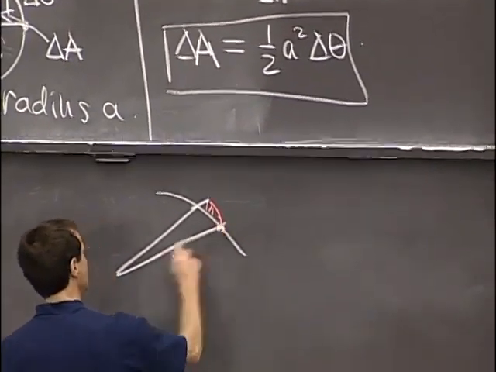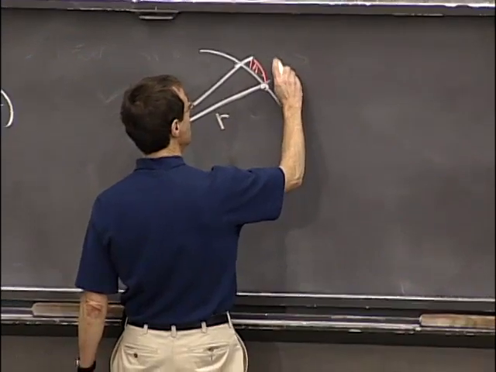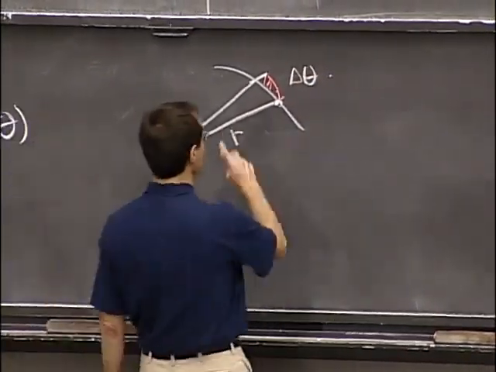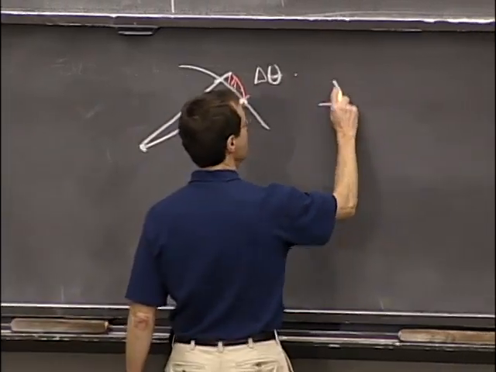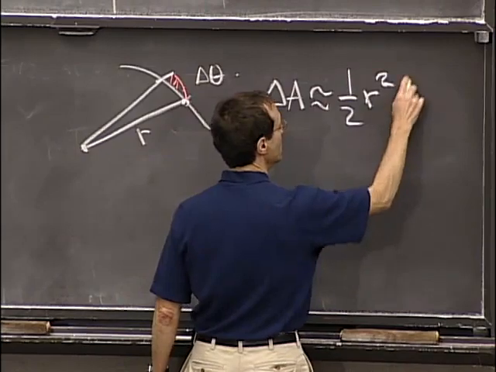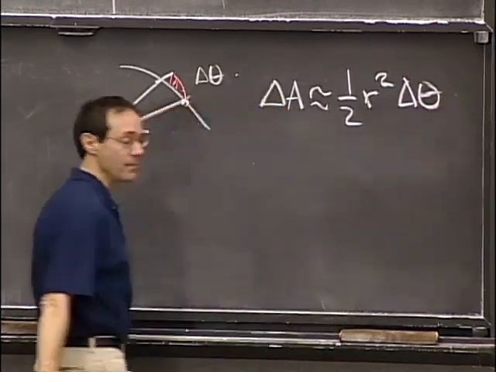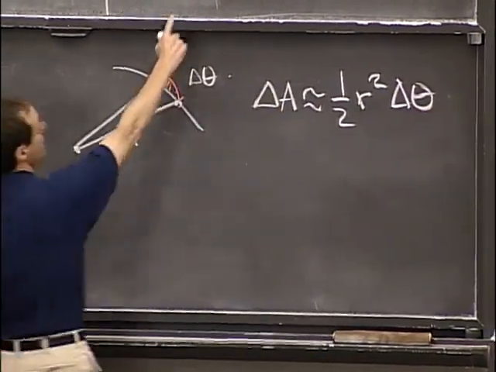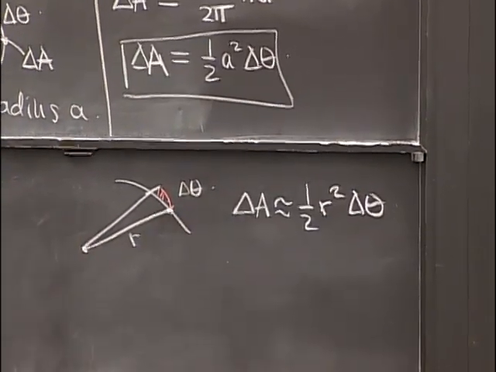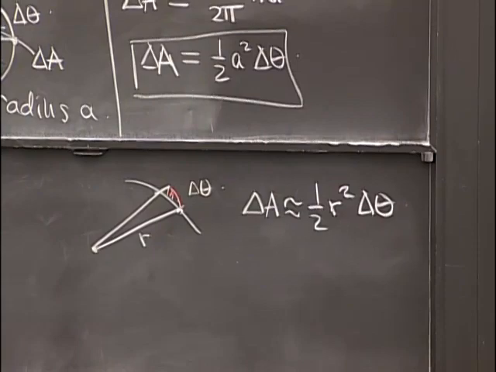So this radius is r, and this is delta theta. And so in the approximate case, delta A is approximately 1/2 r squared delta theta, which is practically the same thing we had here, except that r is replacing the constant there. And it's approximately true because r is varying.